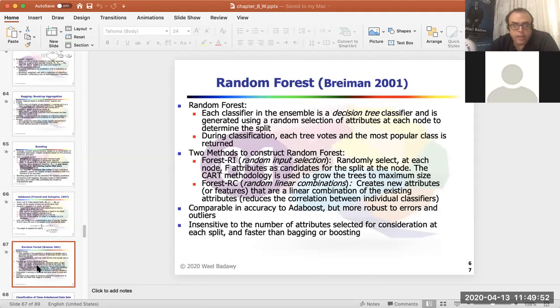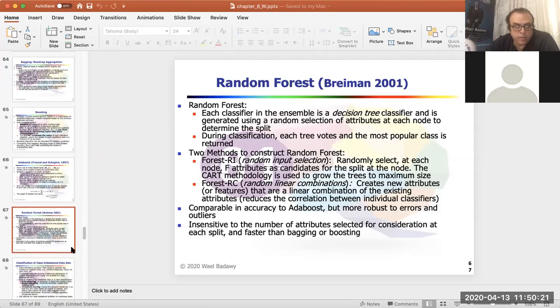Random forest is another algorithm where each classifier is a decision tree, and then during the classification each tree votes. You can have a random input selection, where I can create F attributes and from that use the CART methodology to grow the tree to maximum size, or I can have a random linear combination where I correlate the data and put it in one.